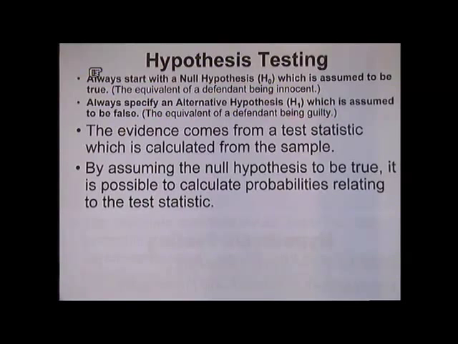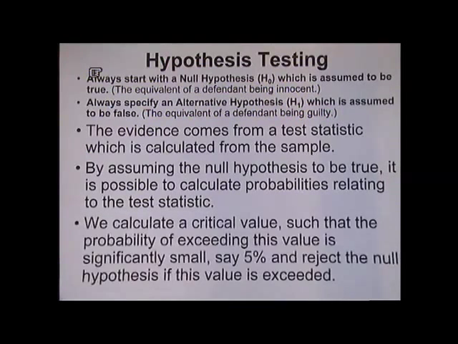So for example, if we sampled 10 bottles of water and calculated the mean capacity of the water in those bottles, if the claim by the manufacturer was true, we could work out some probabilities. And this will become far more sensible to you when we actually get stuck into it.